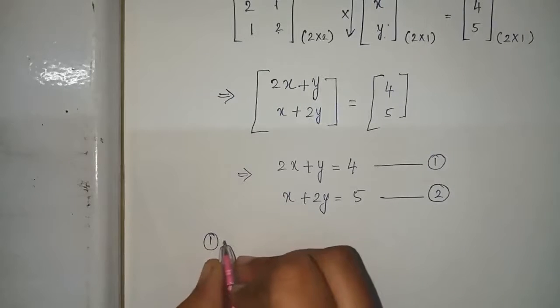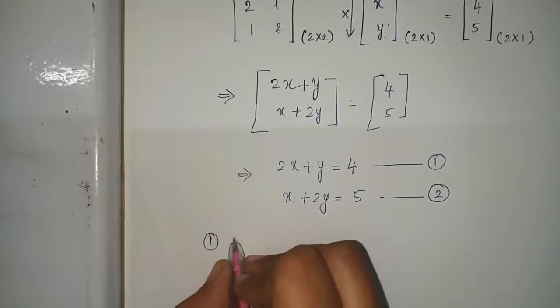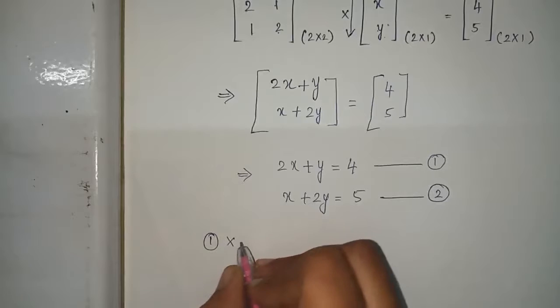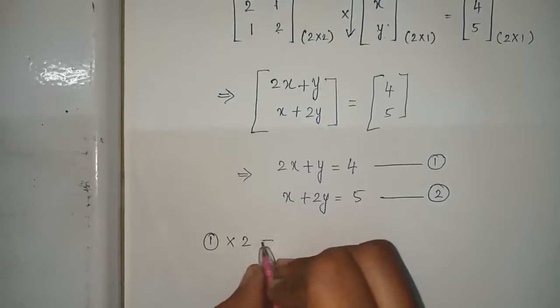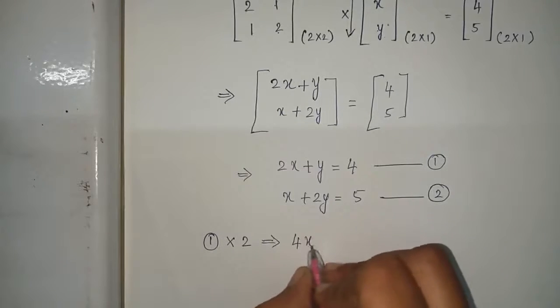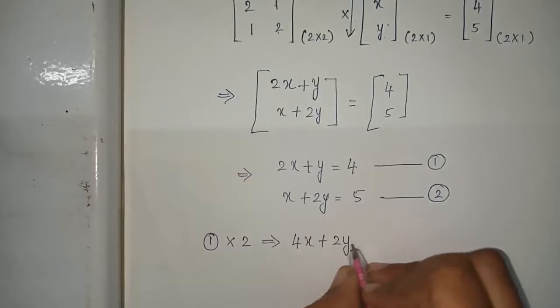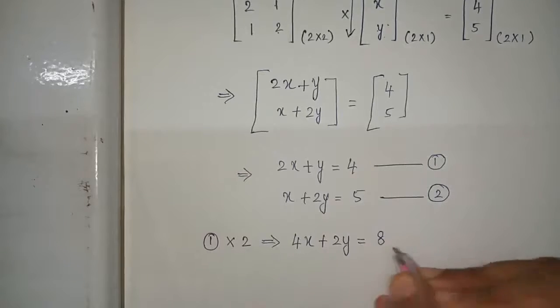So first equation into 2 gives 4x plus 2y is equal to 8.